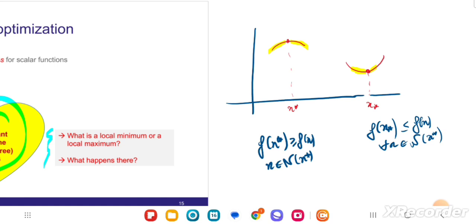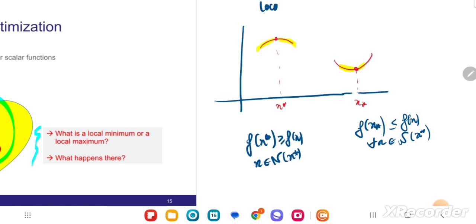Now let's assume that your function is once differentiable. What does it mean when you've got a local max, and what does it mean when you've got a local min? In the case of a maximum, if that's the highest value, your function was increasing, reaches the maximum, and then decreases.